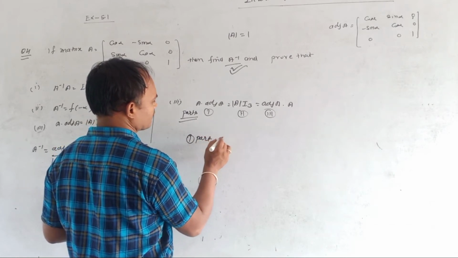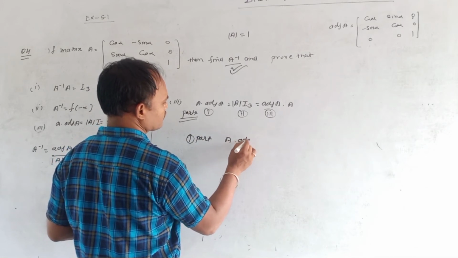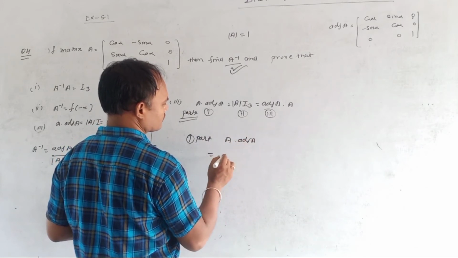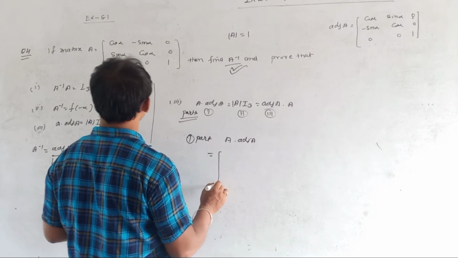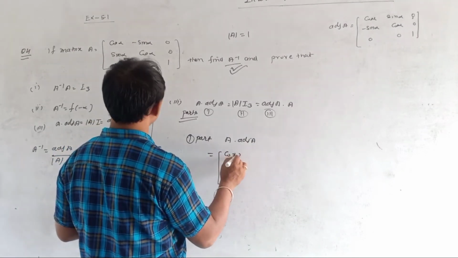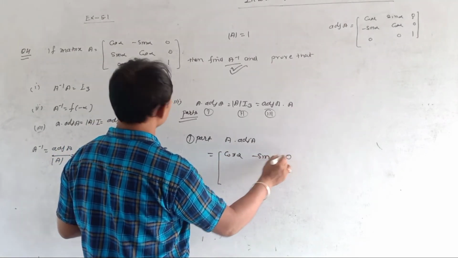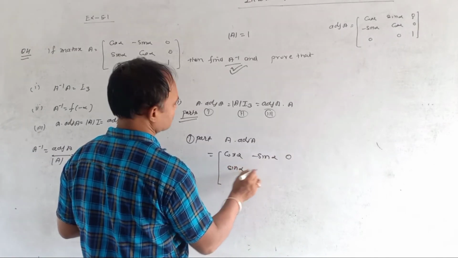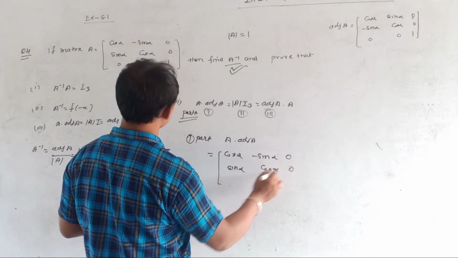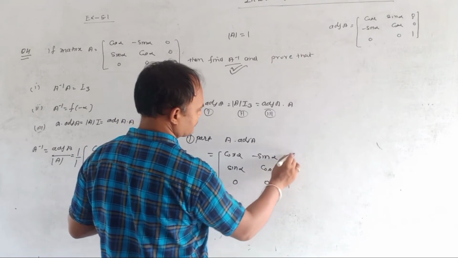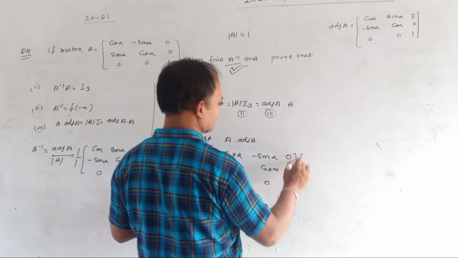What is the first part? A into adjoint of A. A means cos alpha, minus sin alpha, 0, sin alpha, cos alpha, 0, 0, 0, 1, multiplied by adjoint of A.